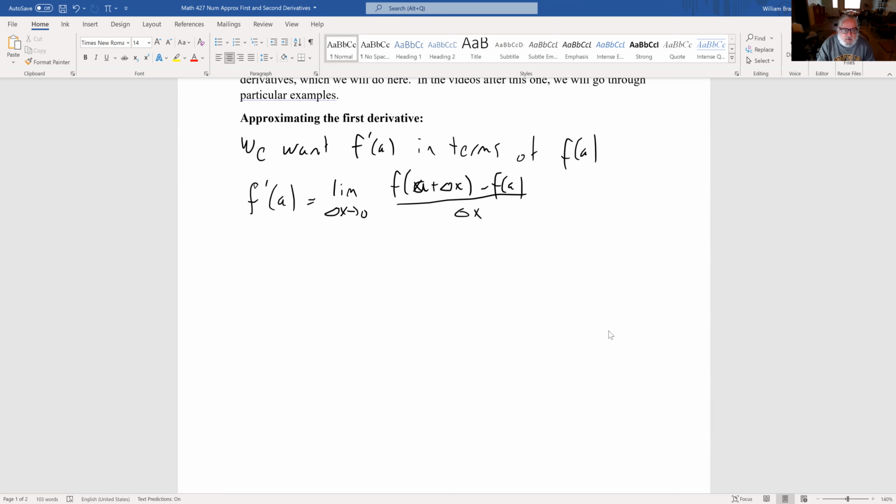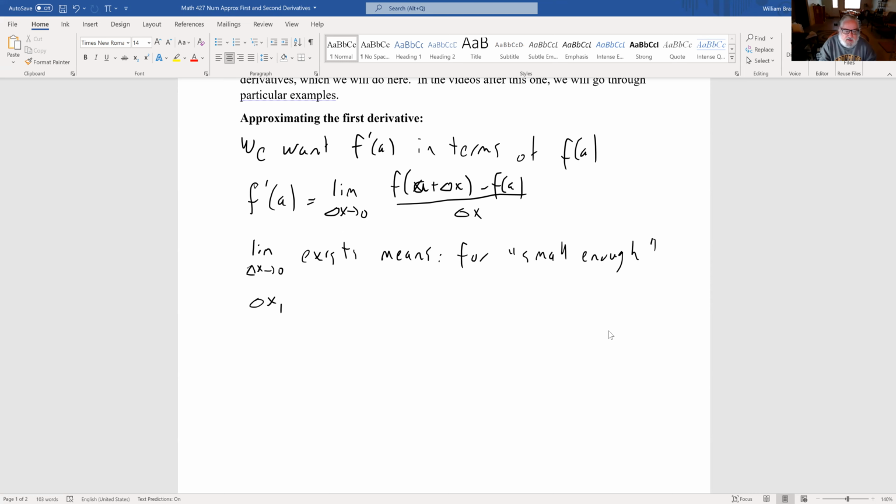So what we want to be able to do is say, well, the limiting process saying that exists means for quote unquote small enough delta x, and that small enough, whatever that means, is determined by context, what purpose you're using things for.